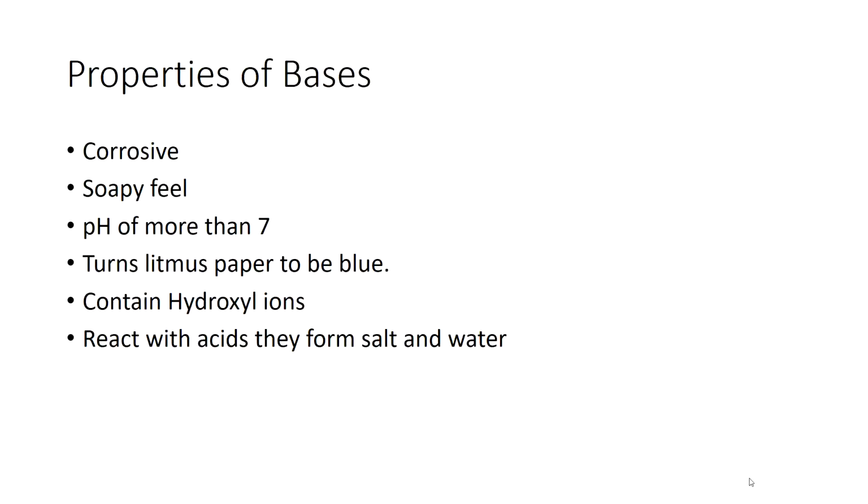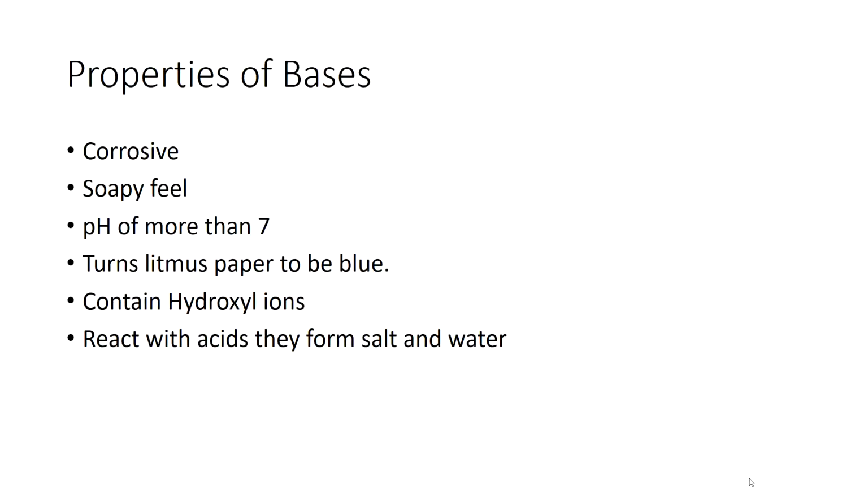And then if you also do an experiment using a litmus paper, a base will give you a blue color. So whenever you do that experiment and you obtain a blue color, you know that that substance is a base. And then bases contain hydroxyl ions.